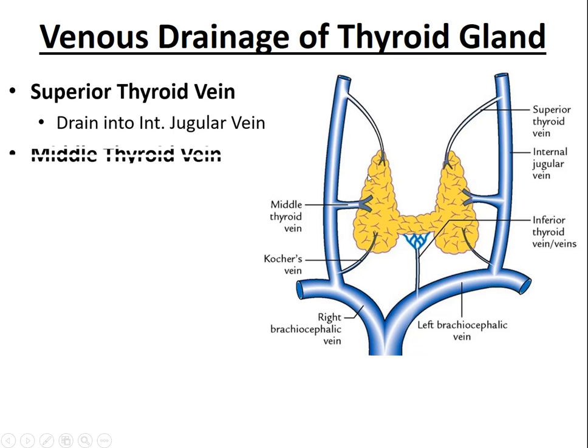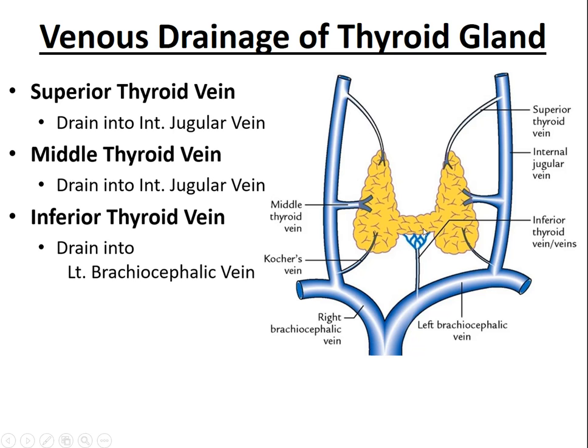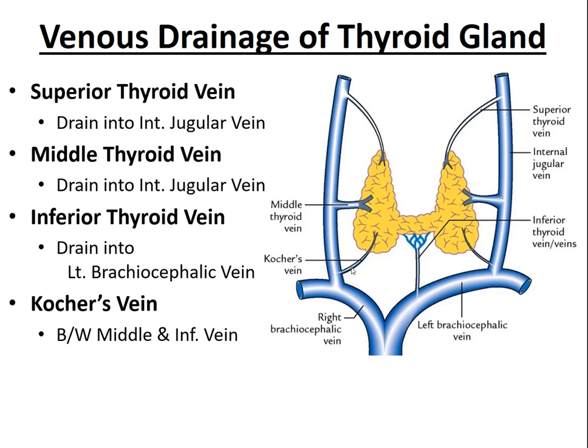Superior and middle thyroid veins drain into the internal jugular vein, while the inferior thyroid vein drains into the left brachiocephalic vein. But in addition, sometimes there may be a fourth vein known as Kocher's vein, and you should look after this vein during thyroid surgery so that it will not lead to alarming hemorrhage.